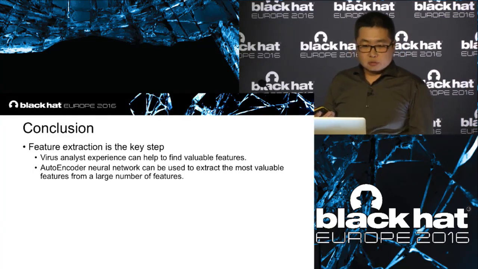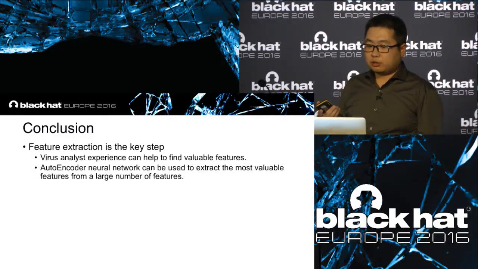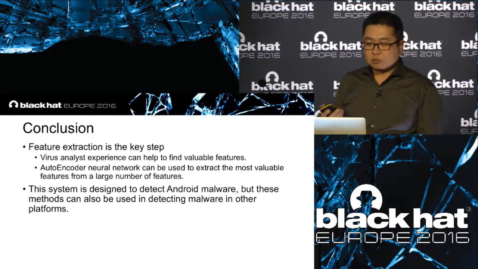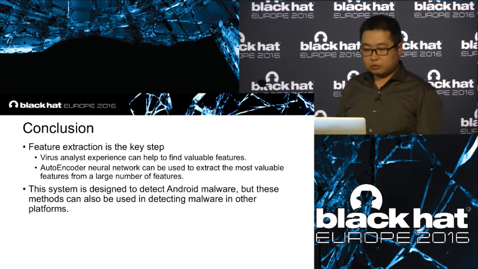Conclusion. Feature extraction is the key step. Various analyst experience and autoencoder can help to find valuable features. And this system is designed to detect Android malware, but these methods can be used in detecting malware in other platforms.